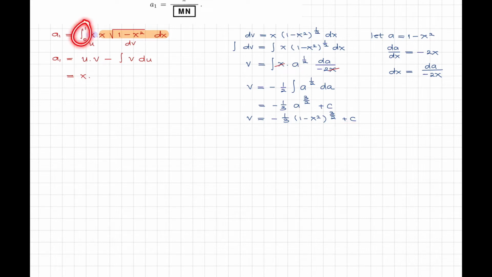So x times negative 1 over 3 times 1 minus x squared to the power of 3 over 2, minus the integration of v. This is our v. We do not need to write plus c there because we are dealing with a definite integration. So v is only negative 1 over 3 times 1 minus x squared to the power of 3 over 2.